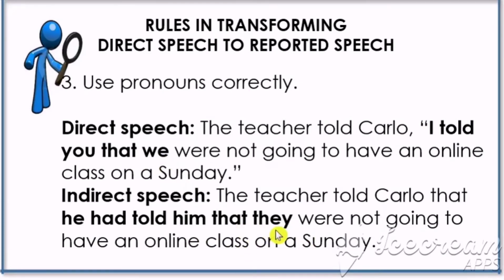That they represents the third person, the third person that talks about the teacher and Carlo. Remember, here in the reported or indirect speech, another person is talking. So that's why we are using the third person point of view of pronoun. We're not going to have an online class on a Sunday.